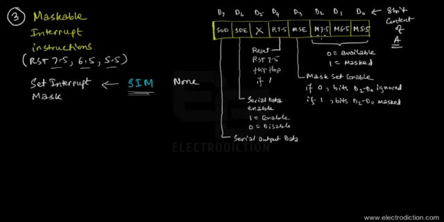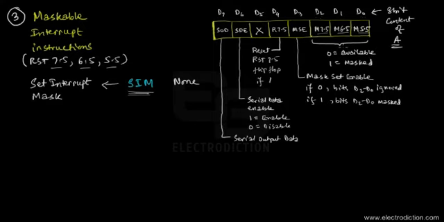They represent each of these RST lines, where D2 corresponds to 7.5, D1 to 6.5 and D0 to 5.5. As I told you, these interrupts can be masked or left unmasked, so we can either disable or enable them at our will. That's totally dependent upon the programmer's wish.